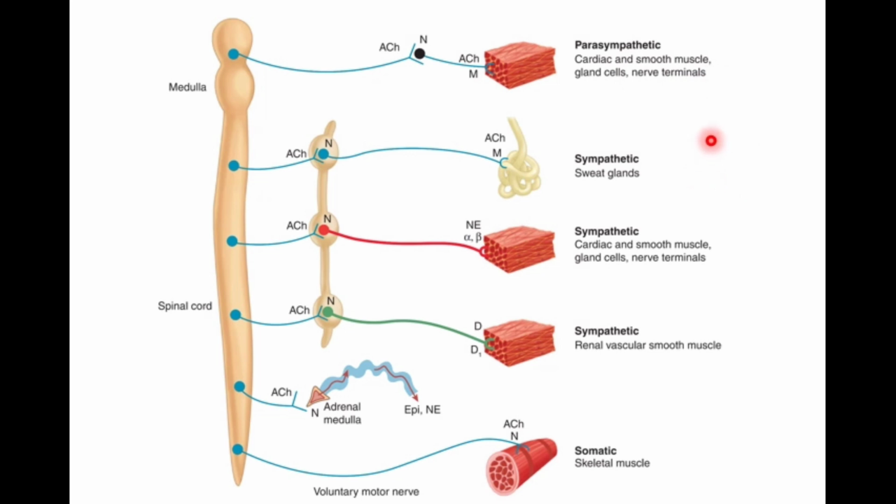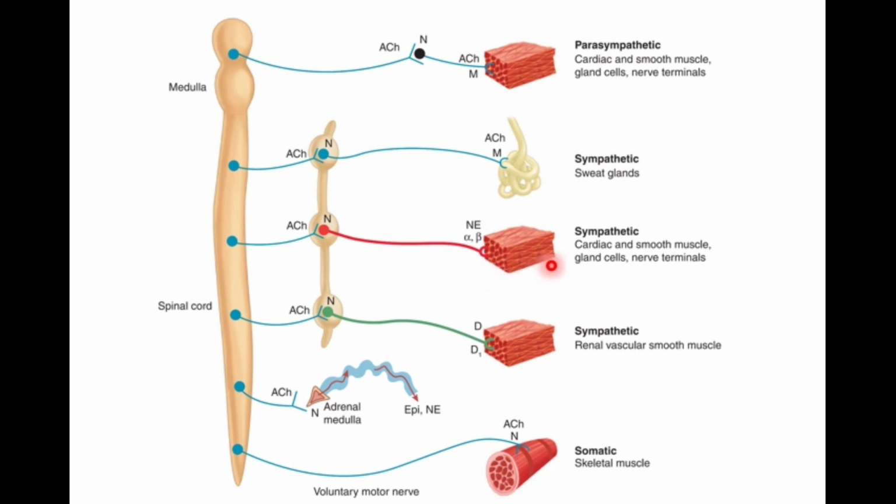It means their neurotransmitter is acetylcholine. In the sympathetic pathway, the preganglionic neurons are cholinergic, while most of the postganglionic neurons are adrenergic.